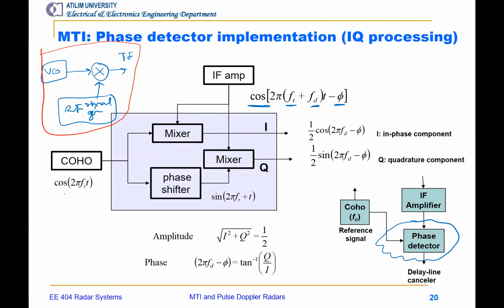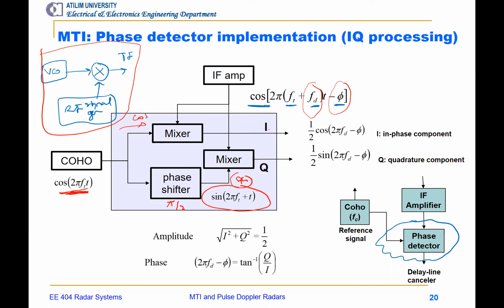So we mix a cosine reference signal with the received signal. Now the difference between them is actually the Doppler frequency and fixed phase shift. Now this reference signal is shifted by pi over 2, and we got a sine. So cosine is applied here, and sine is applied here.